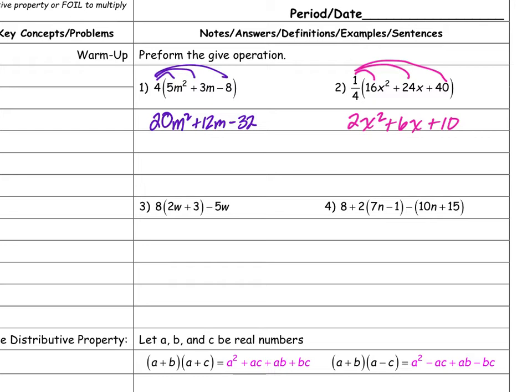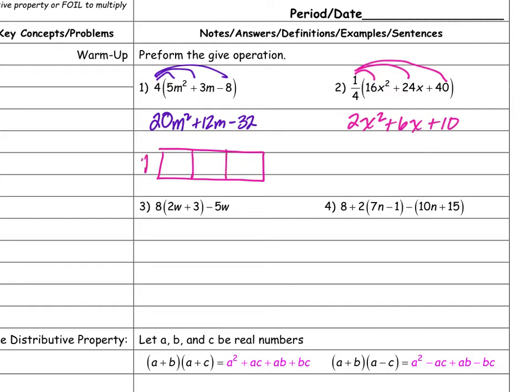Wait, could I ask how you got 12m and 32? Yes, 4 times 3 is 12. And 4 times 8 is 32. Oh, so you can also think about it like this. If I did a multiplication table, right?